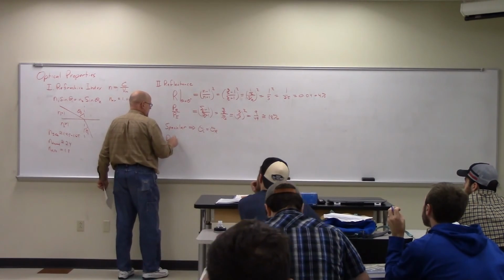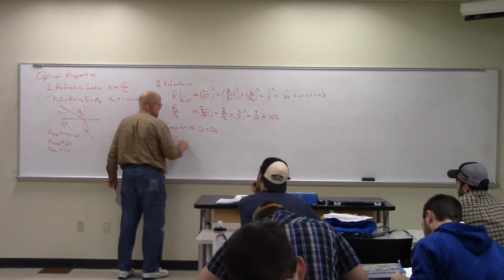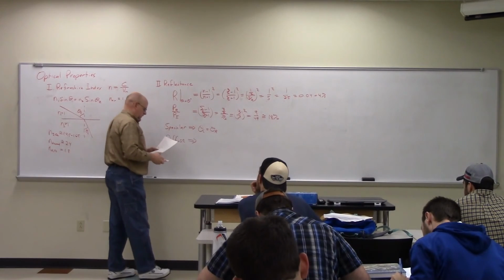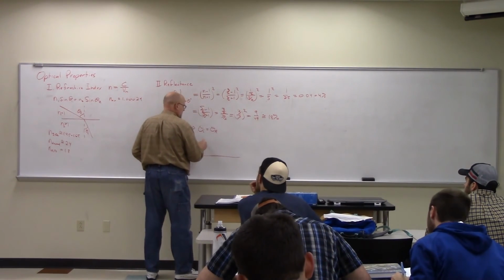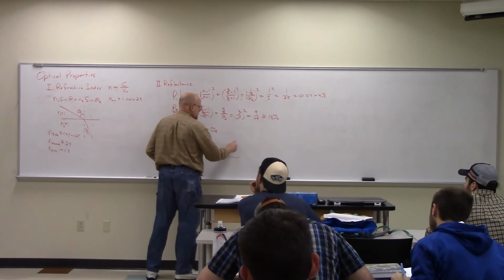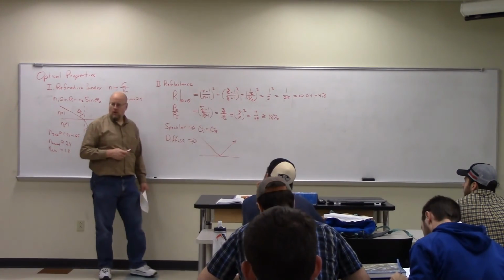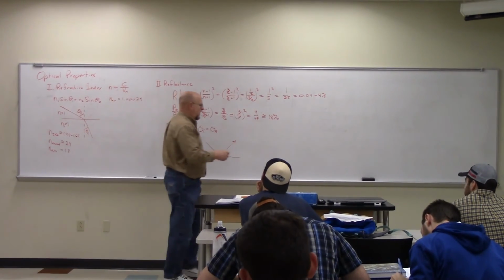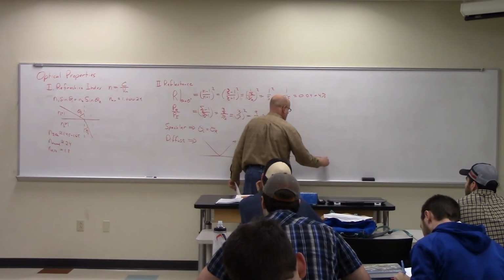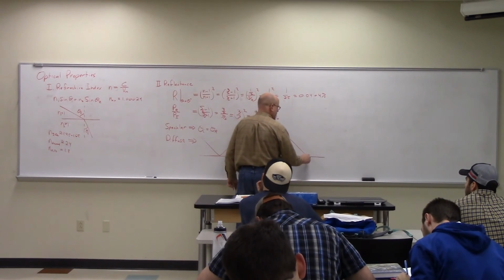Diffuse reflection, on the other hand, is scattered in all kinds of directions. So if I have a surface like this, with specular reflection, the light comes in and goes out like that. That's specular. If I have diffuse, it's completely diffuse.